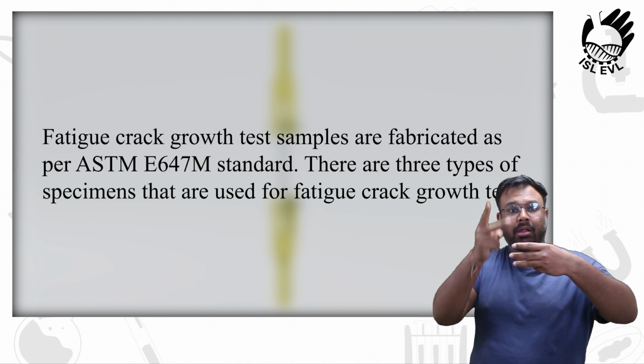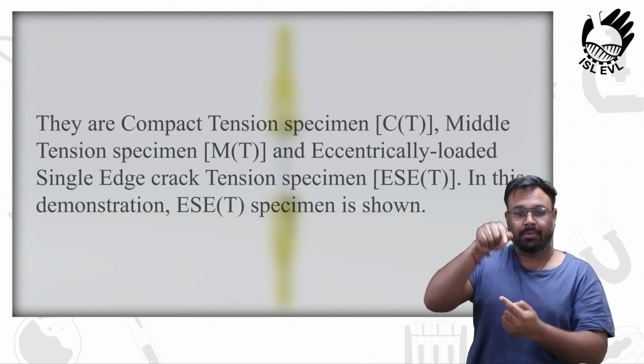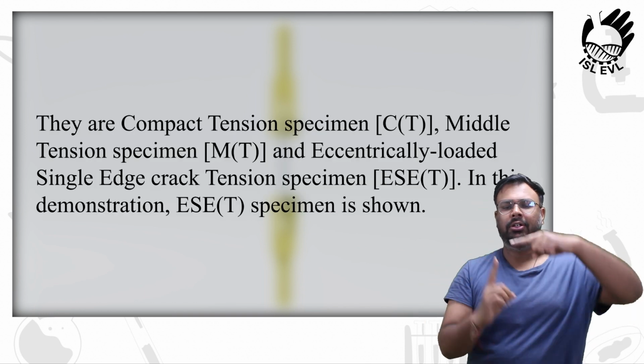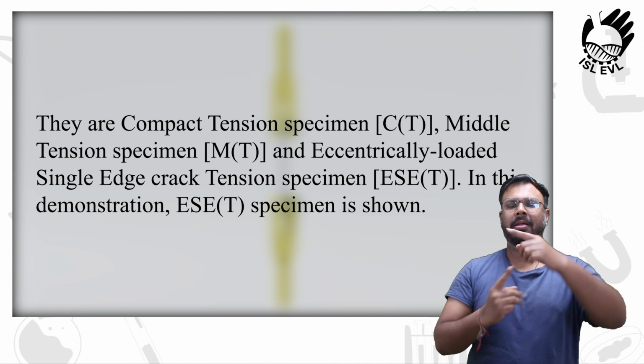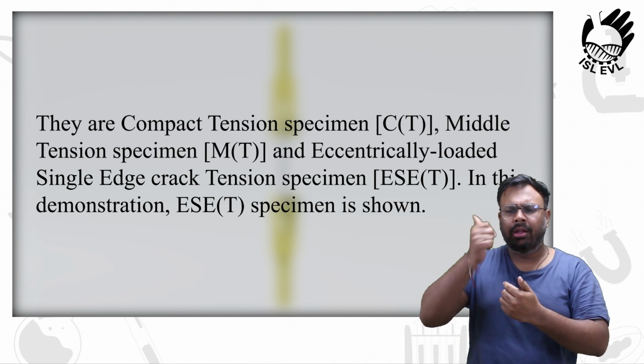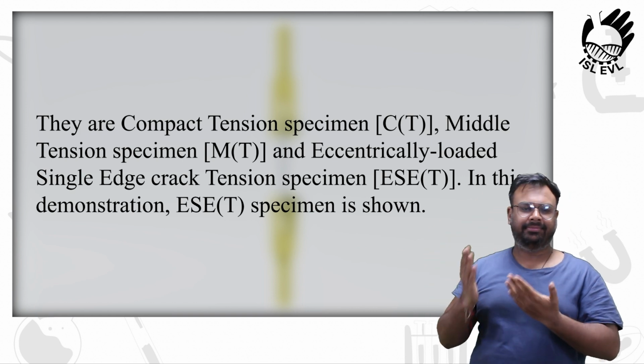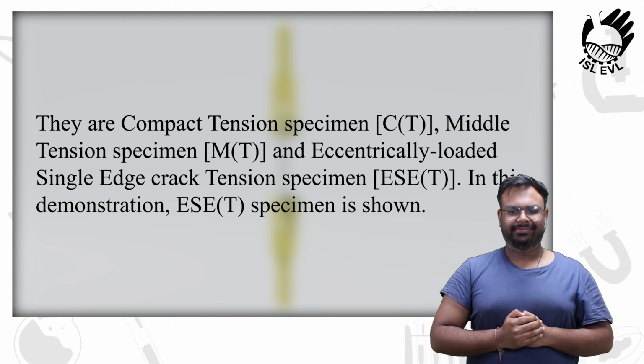There are three types of specimens that are used for fatigue crack growth test. They are compact tension specimen, C(T), middle tension specimen, M(T), and eccentrically loaded single-edge crack tension specimen, ESE(T). In this demonstration, ESE(T) specimen is shown.